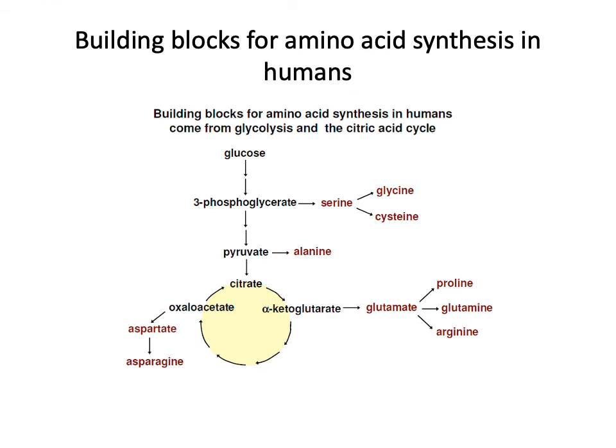And this shows a schematic of precursors, again, that can be used to generate the non-essential amino acids. And notice here that arginine is on the list. So in this figure, arginine is considered a non-essential amino acid.